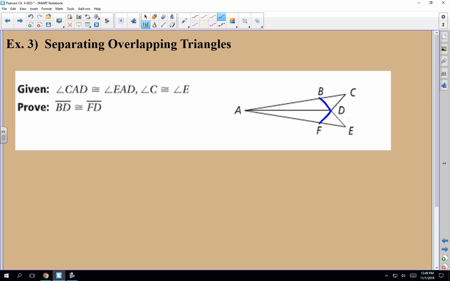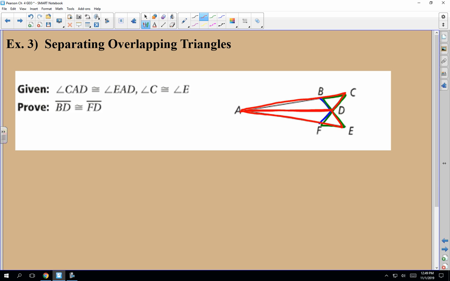Now, those little segments are part of this little bow tie right here. But unfortunately, the parts that they tell me are congruent will help me to prove these larger triangles. Let's see, CAD here and here are congruent.